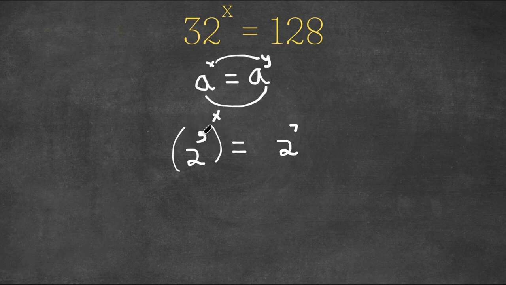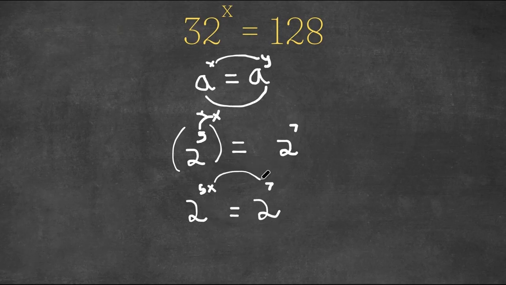Now, when we have something like this, we multiply the exponents, because 2 to the power of 5 to the power of x is the same thing as 2 to the power of 5 times x. And 5 times x is 5x, so 2 to the power of 5x. And this equals 2 to the power of 7 still. And now, as you can see, our bases are the same, so that means our exponents are the same as well.